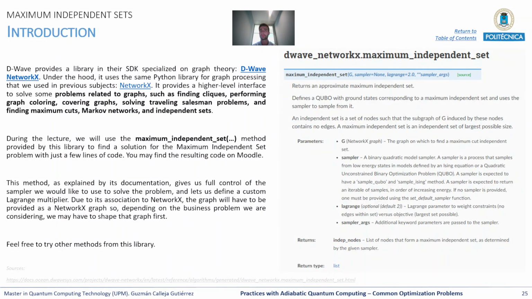If you work in industry, I came across so many companies that start playing around with quantum with those kinds of problems, the traveling salesman problems. And of course, this library can be used for finding the maximum independent sets. So we will do that. We will use the maximum independent set function. So yeah, you will find the code on Moodle, and you will find how I do the implementation in the next session.